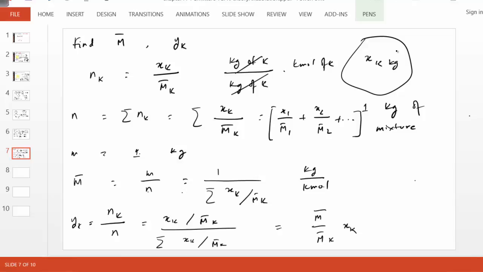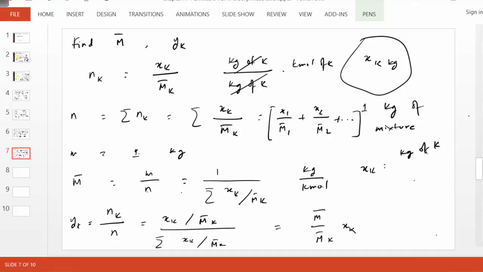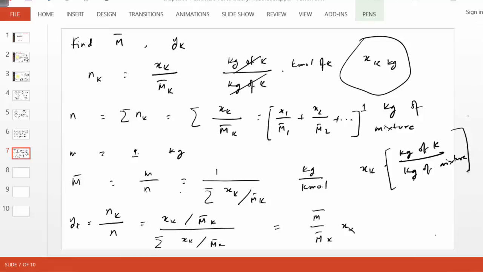Notice that xk, which is a mass fraction, in one way we can say it's a fraction, it doesn't have a unit, but what xk really means is kg of K per kg of mixture. You can say it's unitless, but also you can put a unit if you want. If I have 1 kg of mixture, that's why it has xk kg of K. Sometimes it is expressed with a unit, or sometimes it's left unitless, because the kg and kg cancel out.